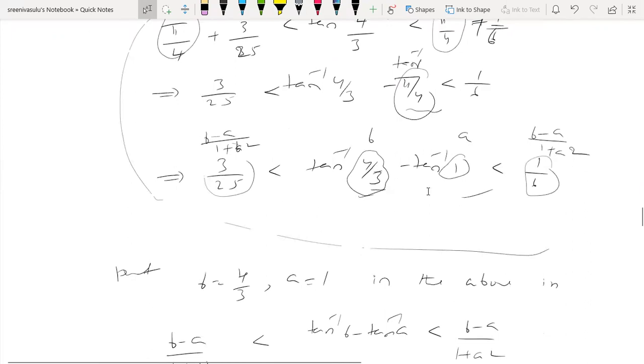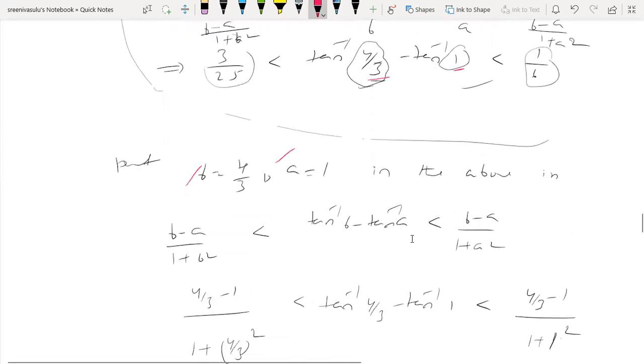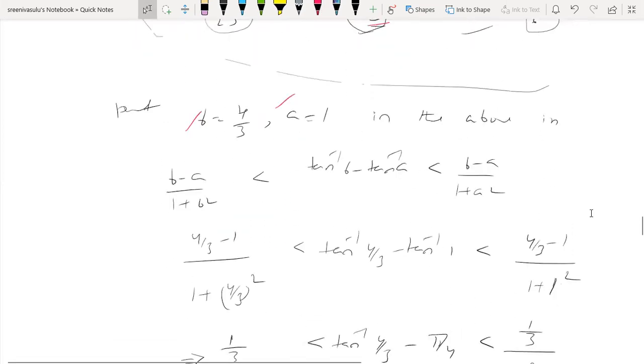By guessing the a, b values, I convert the output in terms of our required format. So b value is 4/3, a value is 1. Substituting b = 4/3, a = 1 in the above proved result.